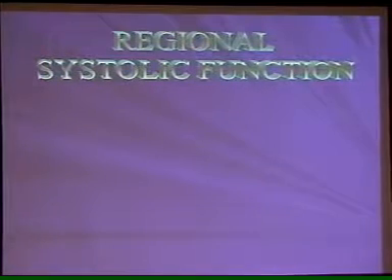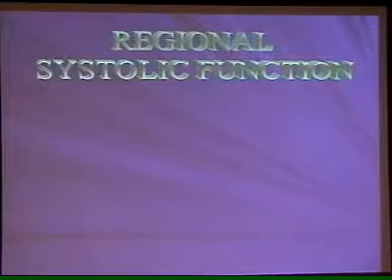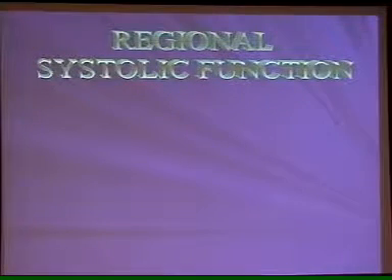Now coming on to regional systolic function. Whenever you are going to interpret the report, look for the ejection fraction, whether it is calculated through the cube method or the Simpson method. If it is written that this is ejection fraction by Simpson method, that means this is a very reliable report.